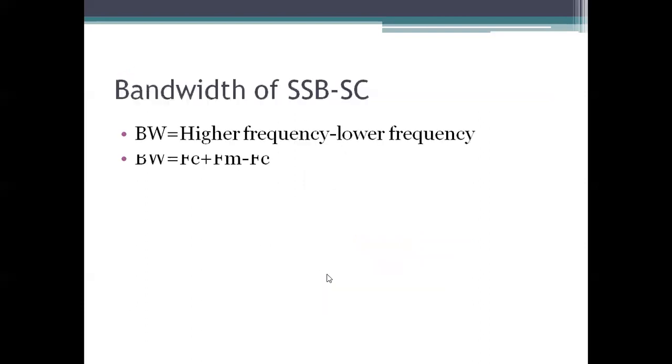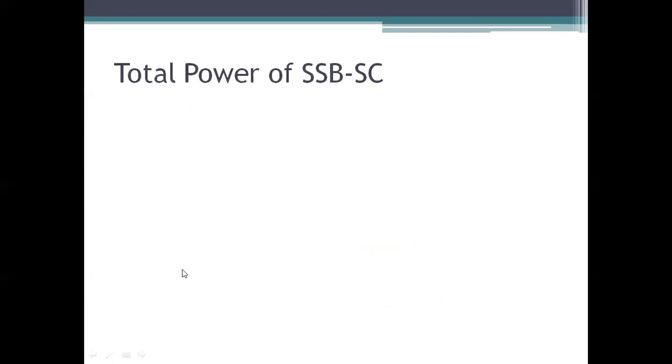Therefore it is written as fc plus fm minus fc. So fc plus fm minus fc gets cancelled and we have only fm. So if you compare the bandwidth requirement of SSB-SC with DSB-FC and DSB-SC, it is less. It is only fm, whereas in the case of DSB-FC and DSB-SC it is twice fm.